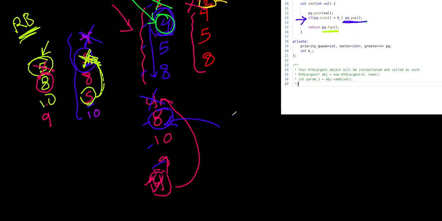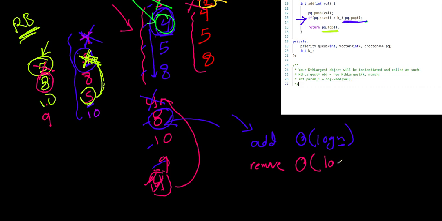And notice when we add an element to the queue, the time complexity for this is log n, where n is the number of elements in the queue. And also when we remove the root of the tree, which is the smallest number, the time complexity is also O(log n).